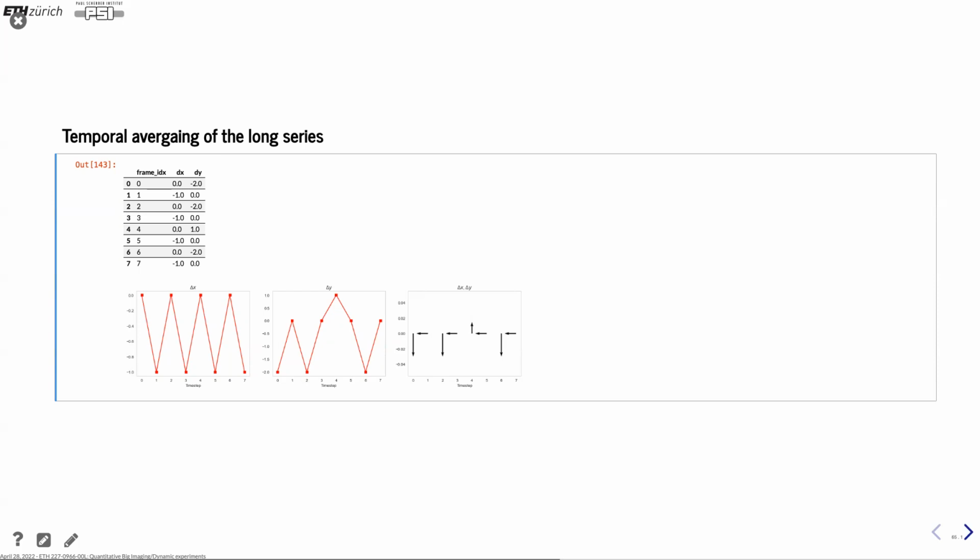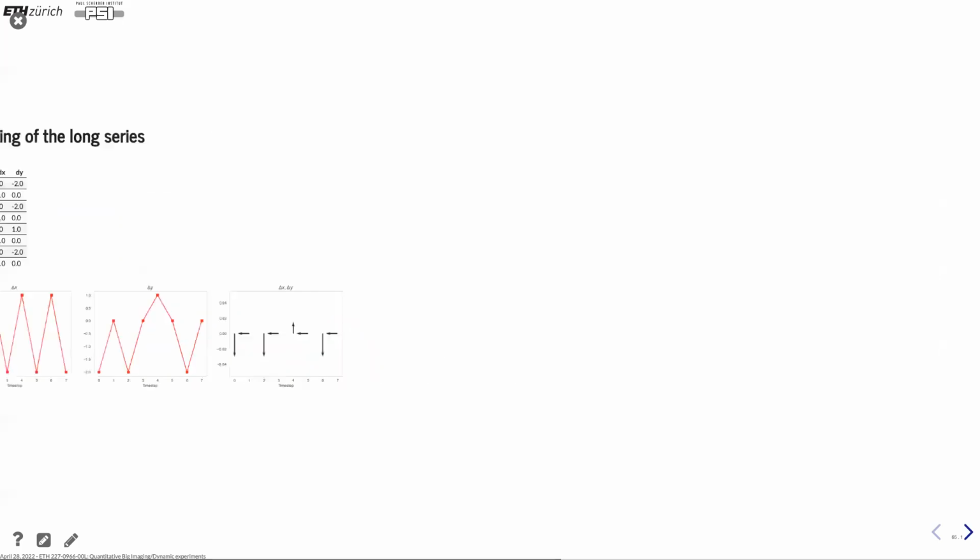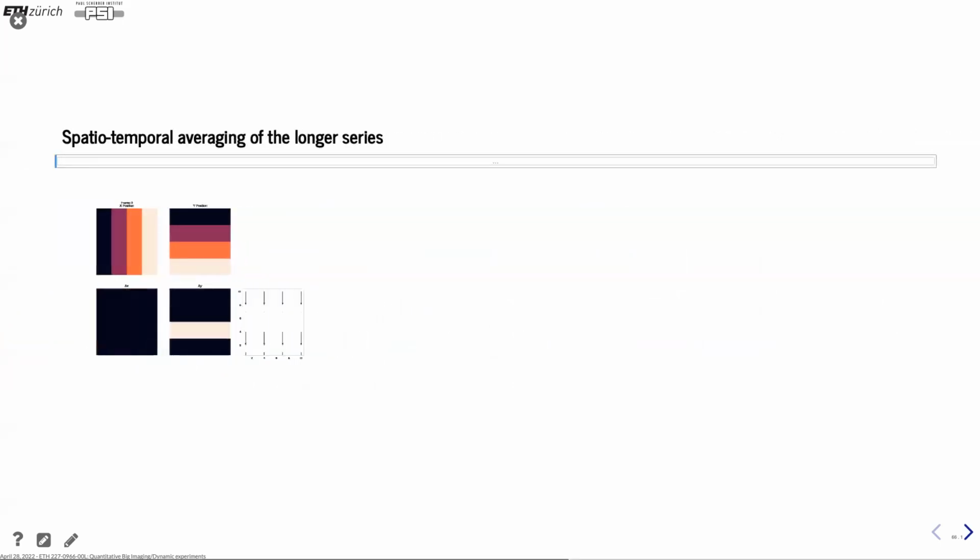So it's doing -1 and then no displacement, -1, no displacement, etc. The y is going from -2, no displacement, -2, and then it does a +1, 2. Looking at the vector plot here, you can nicely see how the field is moving around. Combining the two, you can see that it's flip-flopping between the two directions in the frames. So it's moving a little bit away and it's flip-flopping.